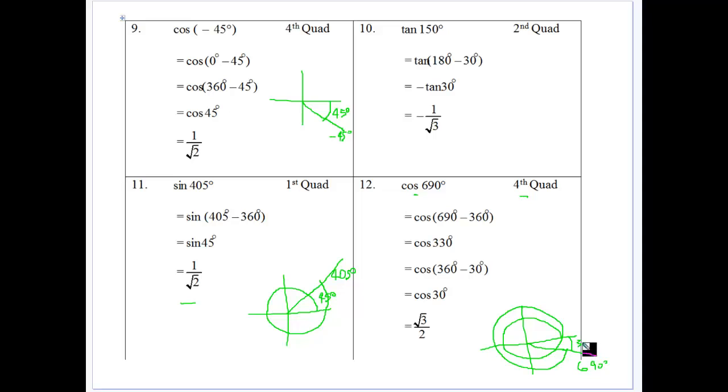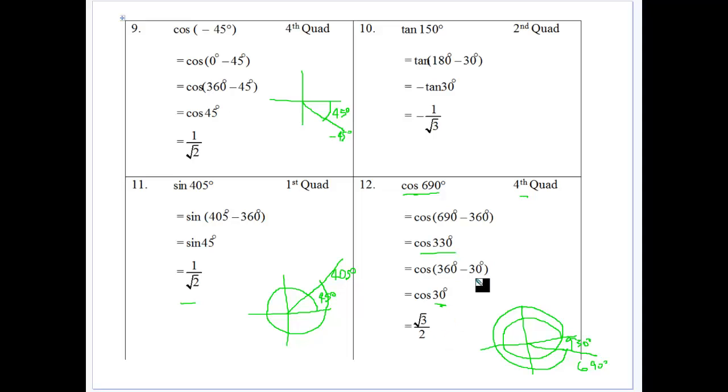So that's where we get our 30 degrees as our related angle because it's 30 degrees back to the x-axis. 690 is 1 revolution and then 330 degrees around again. That's where we get cos of 330 is in the same position as cos of 390. Cosine, fourth quadrant, positive, and our related angle is 30 degrees. So that's where we get the root 3 on 2.